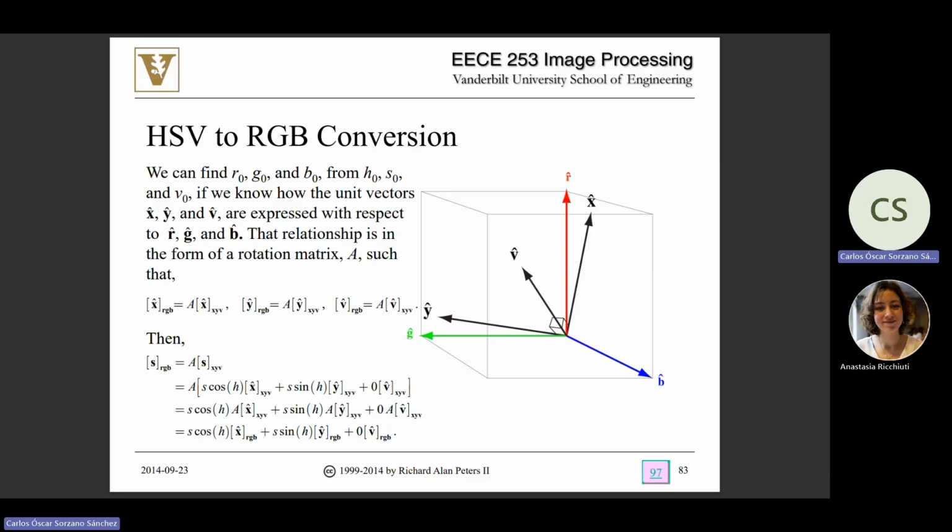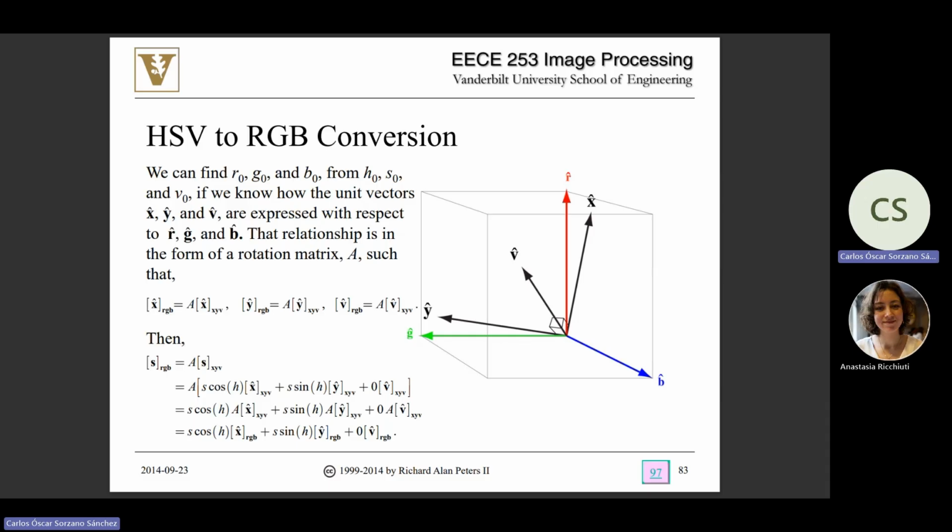So all this thing is the expression of x, this vector, the one going from gray to red, but now in the RGB, and the same here. It is the expression of y, but now in the RGB, the expression of v, now in the RGB.